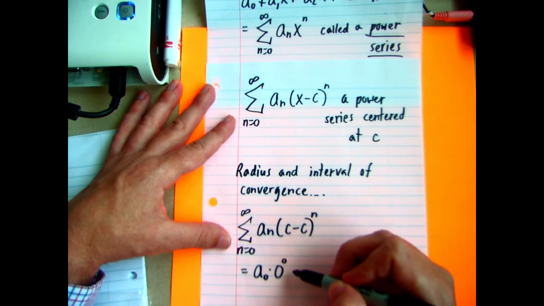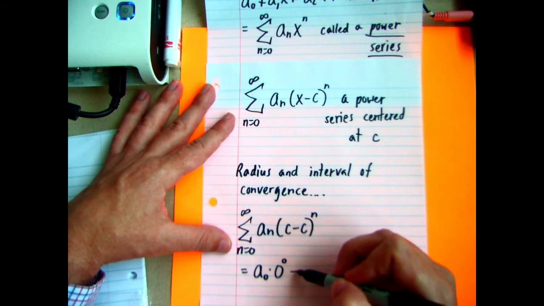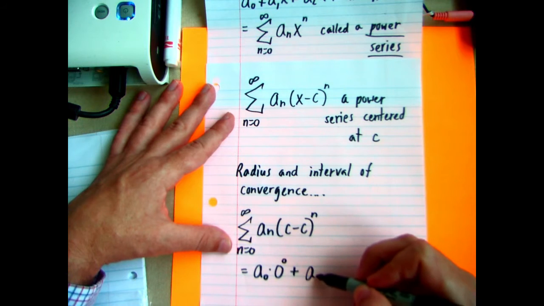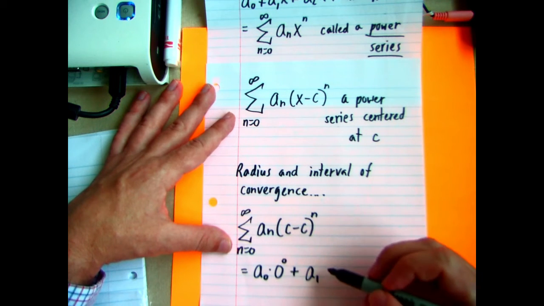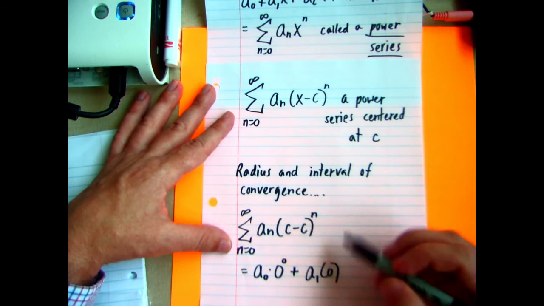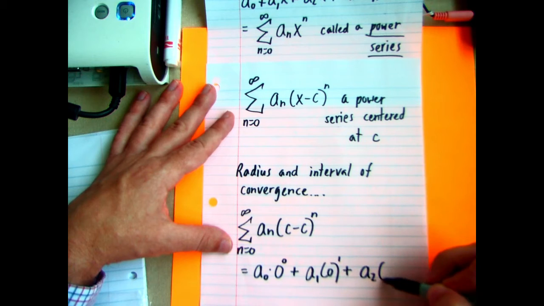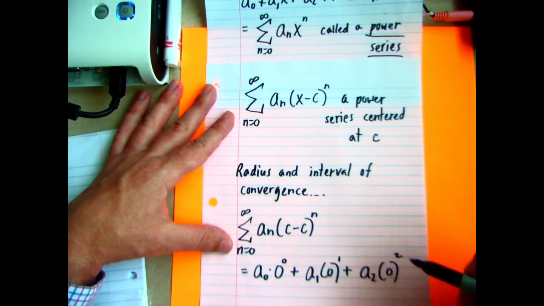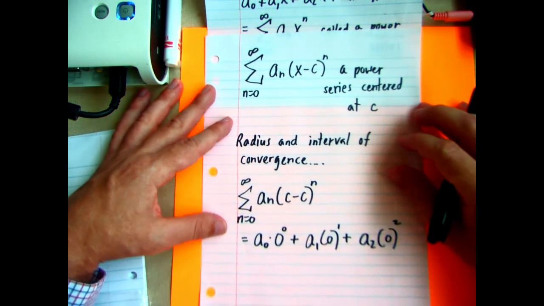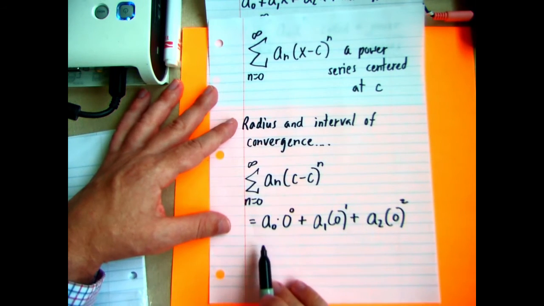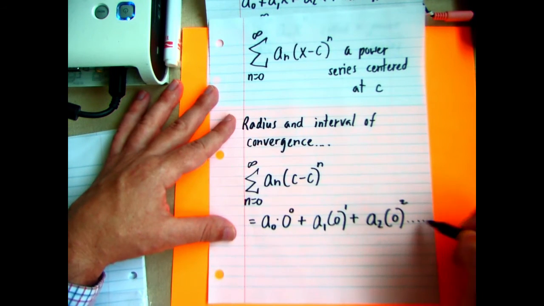So my first term would be a sub 0 times 0 to the power of 0. Then I would have plus a sub 1 times 0 to the power of 1 plus a sub 2 times 0 to the power of 2. And that would continue on infinitely.